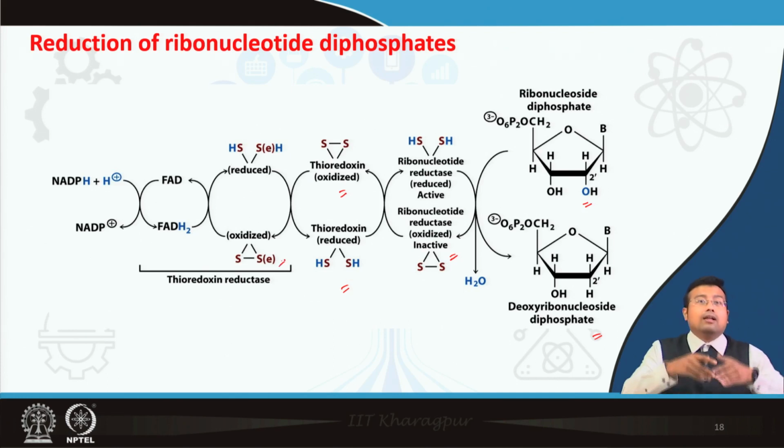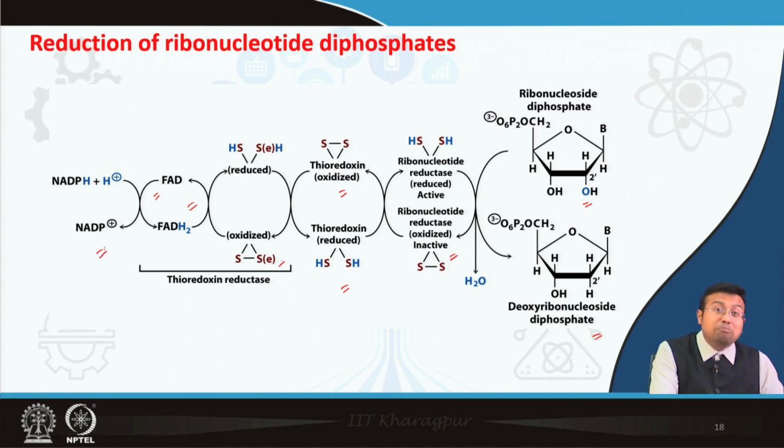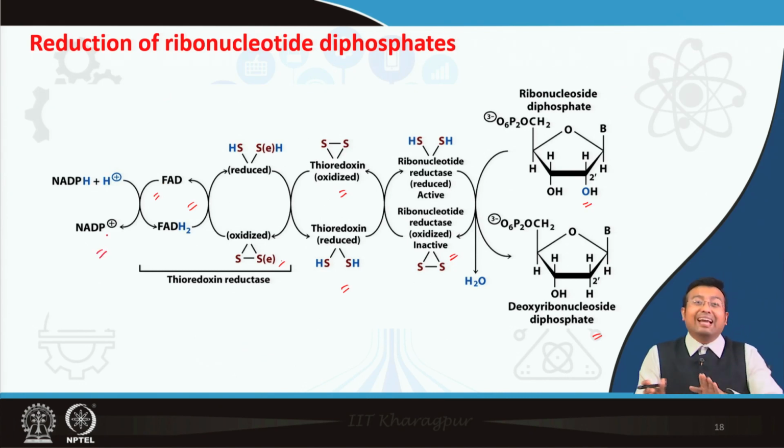Finally it is also regenerated by getting converted to reduced form with the help of the reducing equivalent FADH2. FADH2 gets converted to FAD, and ultimately who helps in regeneration of reduced FAD to FADH2? NADPH. So there is a big chain of redox coupling going on here.